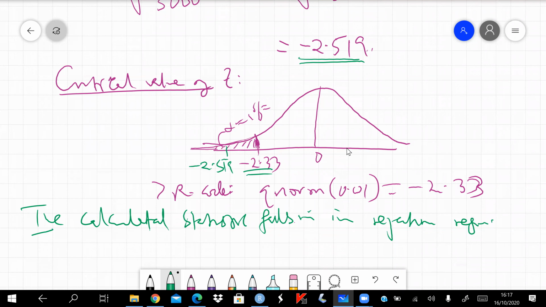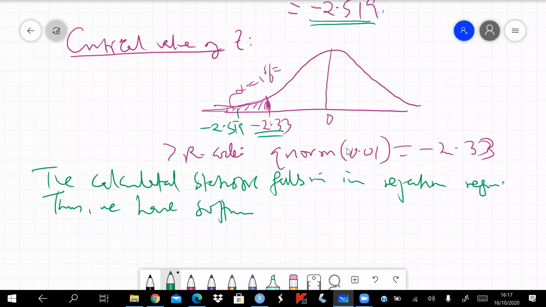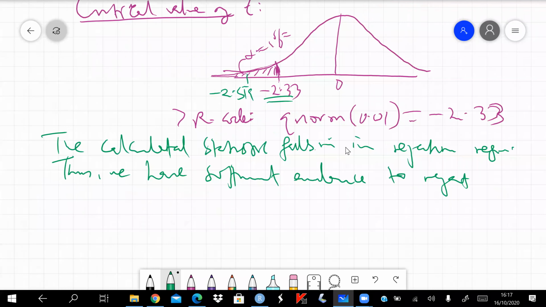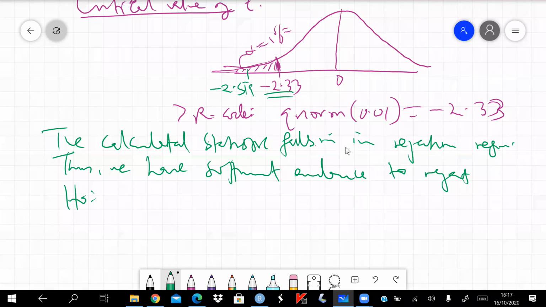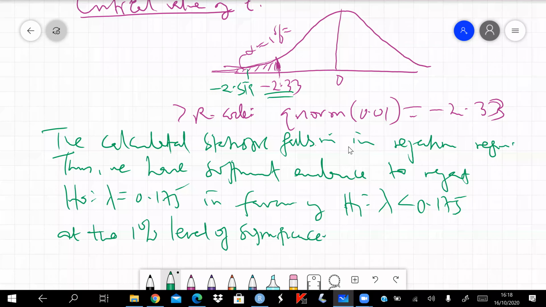Thus, we have sufficient evidence to reject H naught, that lambda is 0.175, in favor of H1, that lambda is less than 0.175, at the 1% level of significance.